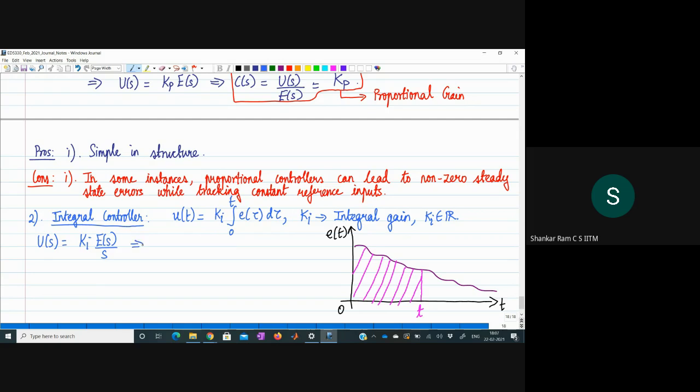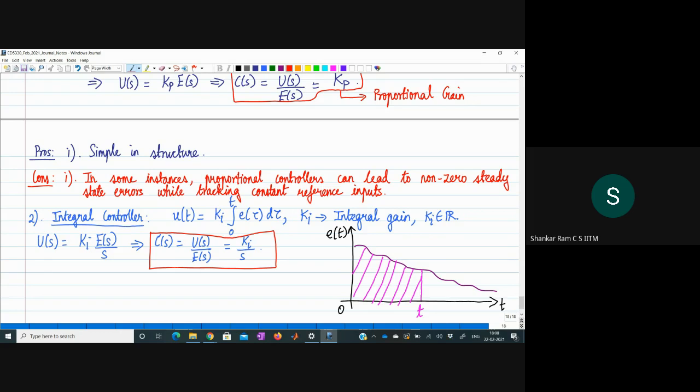So the controller transfer function, U of s by E of s, comes to be Ki by s. We can immediately observe that in the case of an integral controller, the transfer function of the controller block is Ki by s.